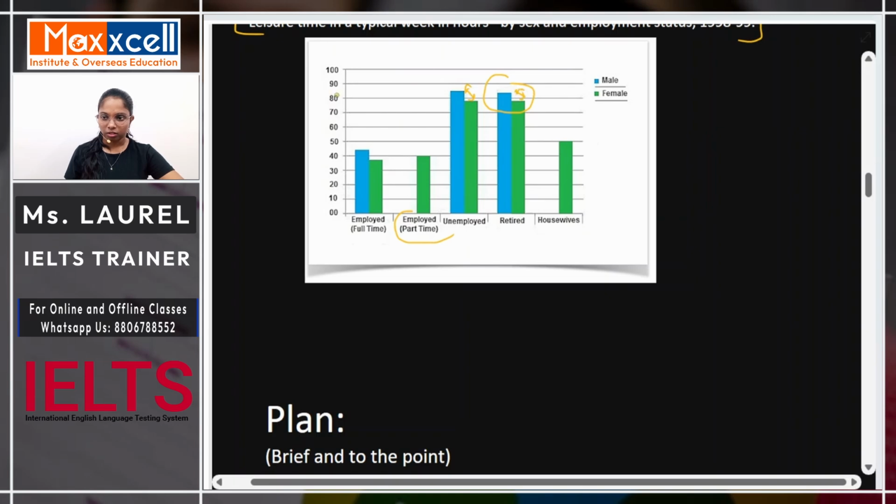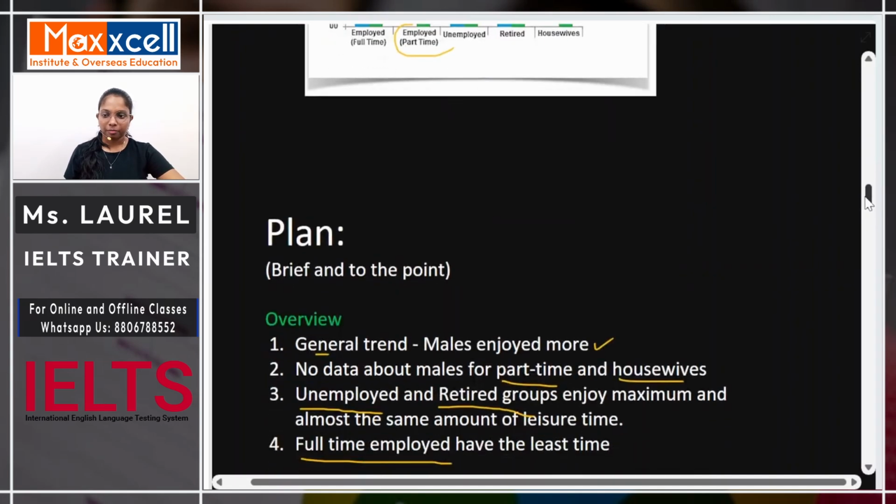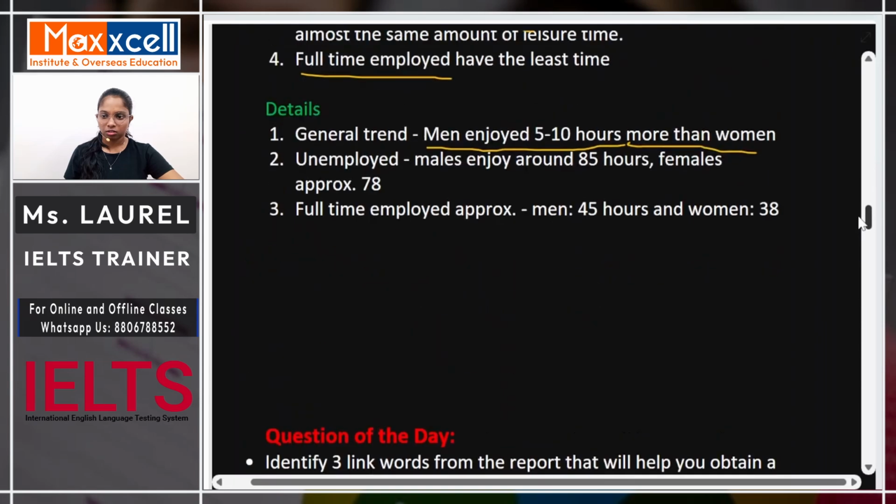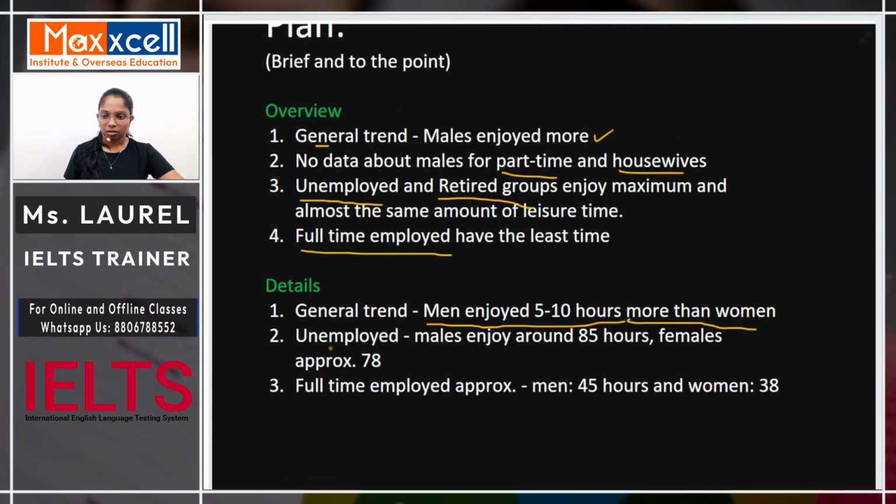Check here, you can see this is almost like 5 to 10, and here again you can check this much difference, almost from here to here, again almost 5 to 10. Therefore, the overall trend that we have mentioned here is that men enjoyed 5 to 10 hours more than women, right?